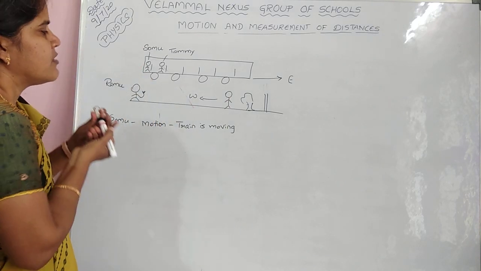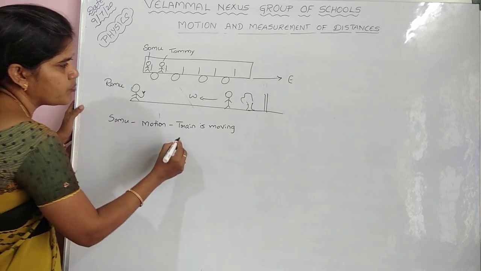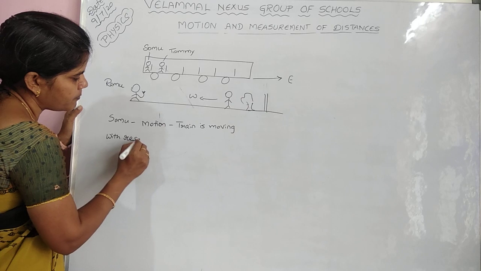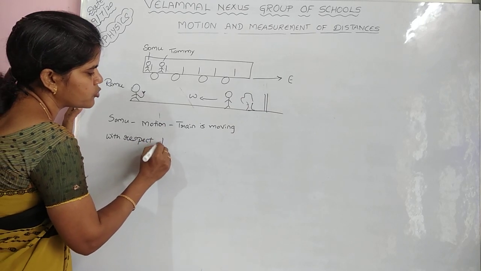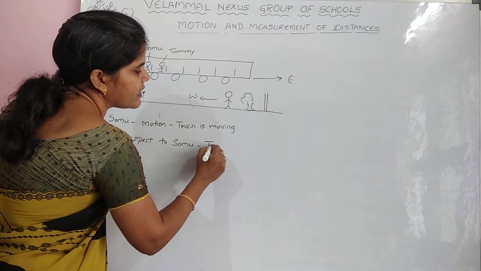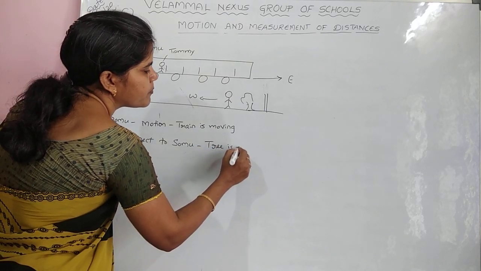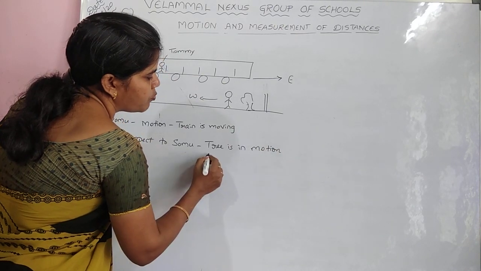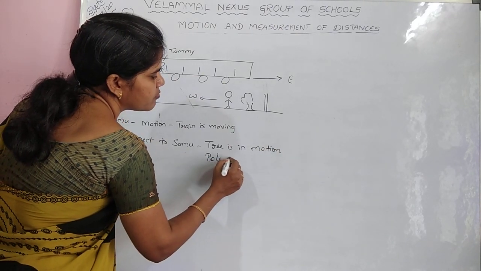That means with respect to Somu, the tree is in motion. The pole is in motion.